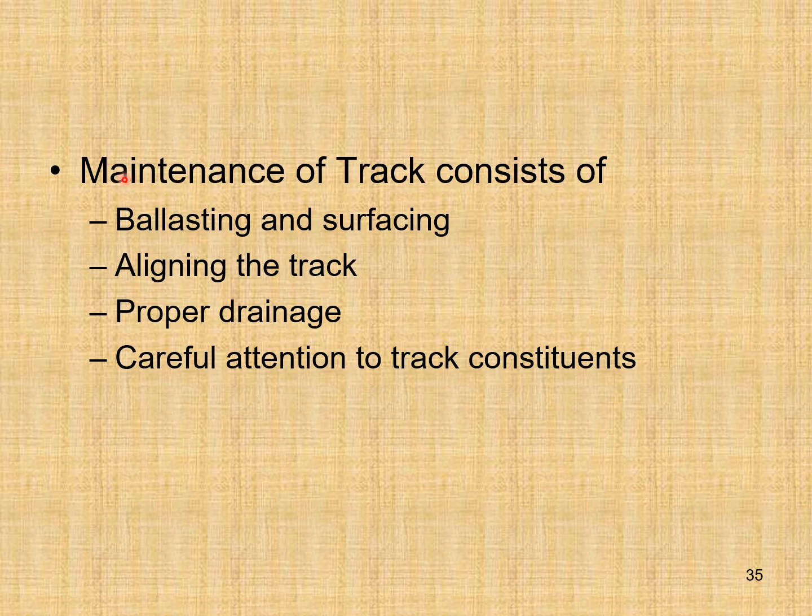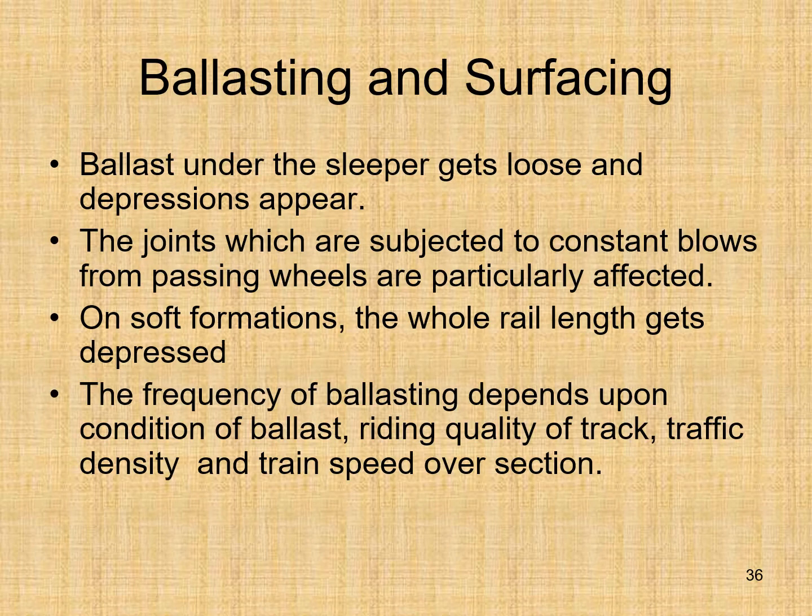Maintenance of the track consists of ballasting and surfacing, aligning the track, proper drainage, careful attention to track constituents. Ballast and surfacing. Ballast under the sleeper gets loose and depressions appear with passage of time.